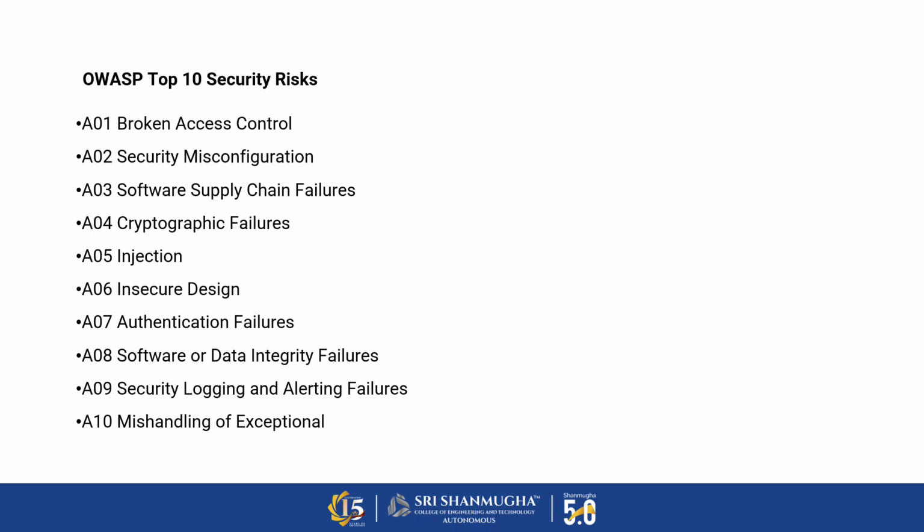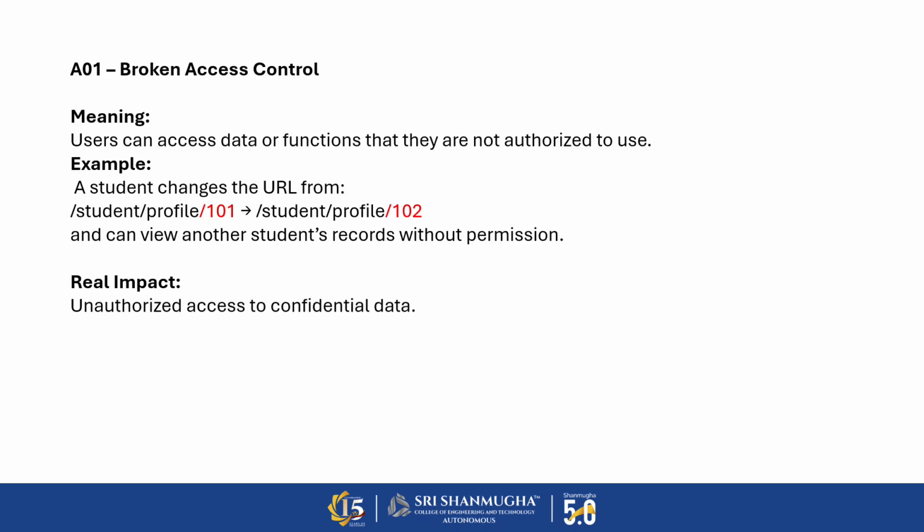The first one is broken access control. These top 10 risks are based on the new release in 2025. Broken access control means users are trying to access data that is not intended for them, or trying to access other users' data.